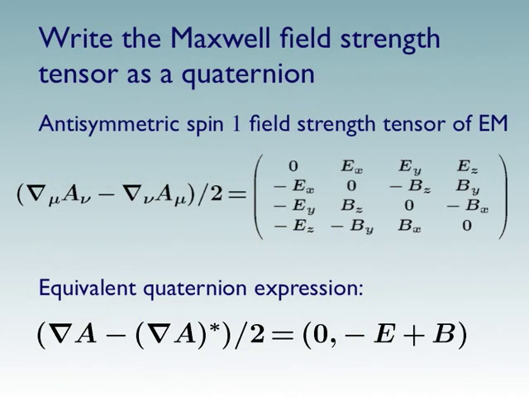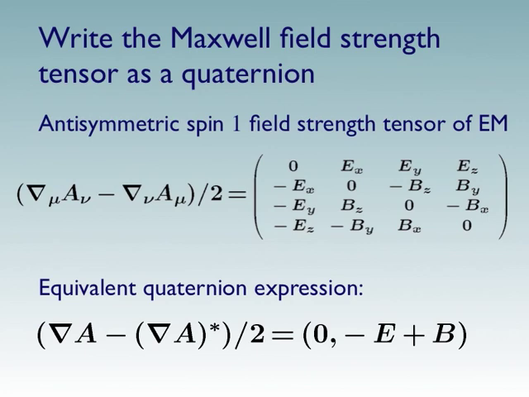So let us write the Maxwell field strength tensor in the normal way, but also as a quaternion. The tensor expression is an anti-symmetric rank 2 field strength tensor that's spin 1, because if you change the indices, it will flip signs, and that's a property of a spin 1 field. And there they all are, zeros down the diagonal.